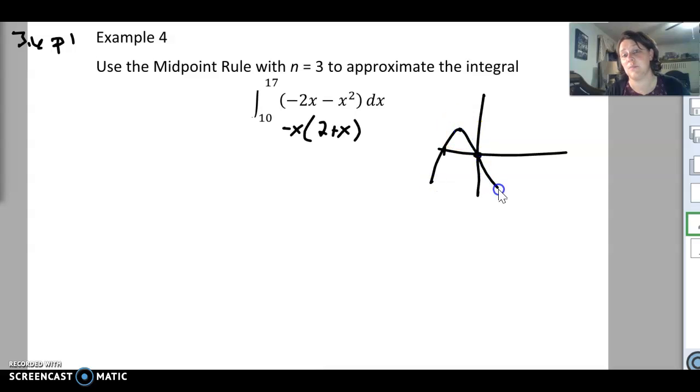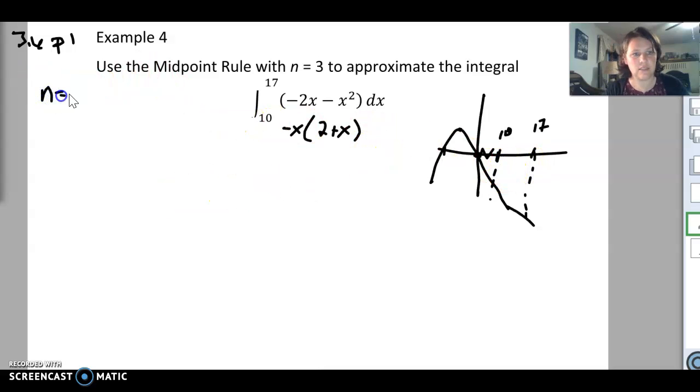So this tells me that my integral, and we're going from 10 to 17, is going to be way out here. We're just going to put them right here for this case. Say we have a little break in our line there. But the main point I want you to see is that we are going to have a negative answer since everything is underneath the x-axis.